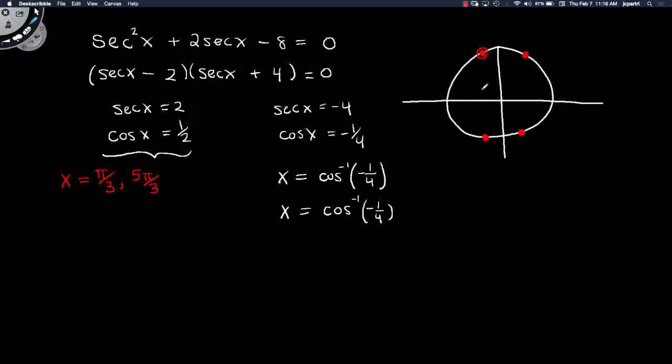Would that work? Yes, that would work. So 2 pi minus that answer would give me the solution down here. There we go. So you have to know how to factor.